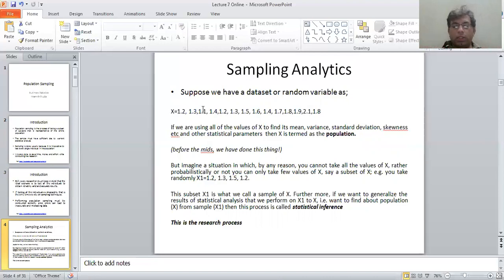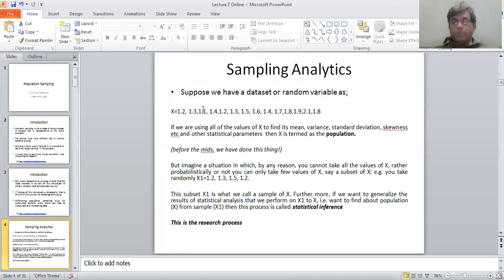But as we said earlier, although we are analyzing the sample, our objective is always to analyze the population. So after doing the basic statistical analysis on the sample, the more important thing is how we are going to generalize our results from the sample onto the population.